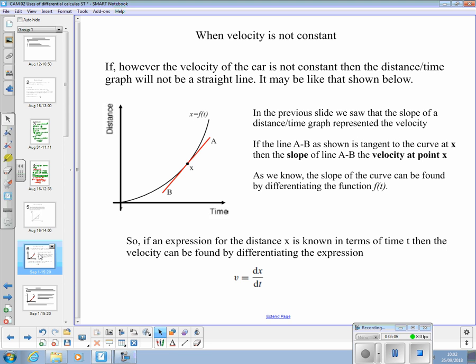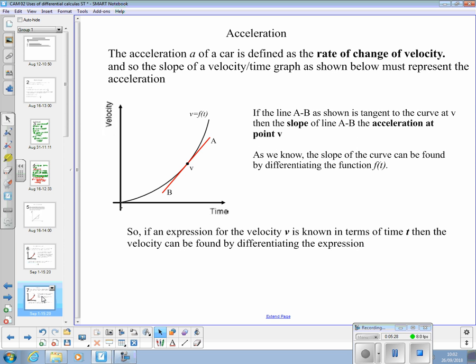So if an expression for the distance x is known in terms of time, then the velocity can be found by differentiating that expression. So we've got a function for position over time. We differentiate that function, we get the velocity. The acceleration of a car is defined as the rate of change of velocity. So velocity is the rate of change of position.